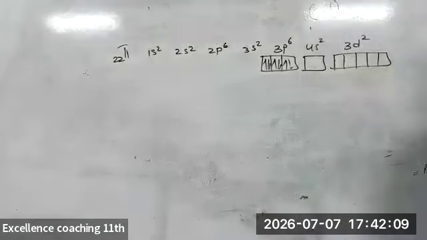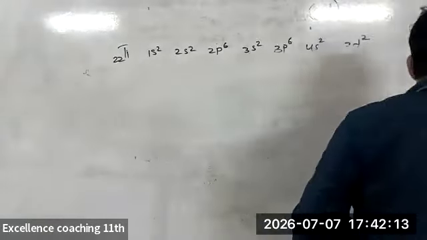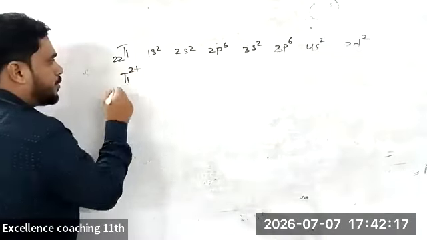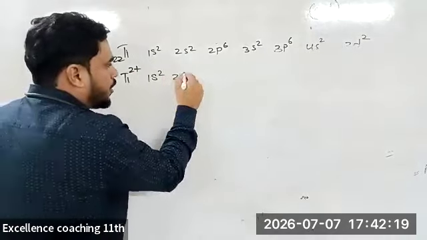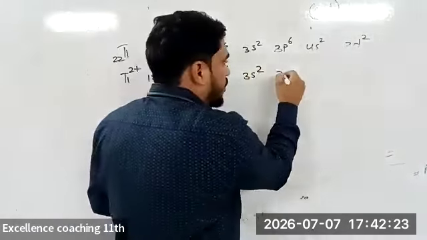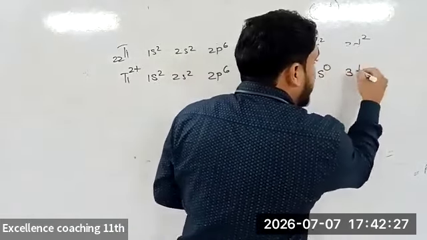So write for titanium plus 2. This is for titanium, huh? Write for titanium plus 2. I am also writing with you all, don't worry. Titanium 2+: 1s2, 2s2, 2p6, 3s2, 3p6, 4s0, 3d2.